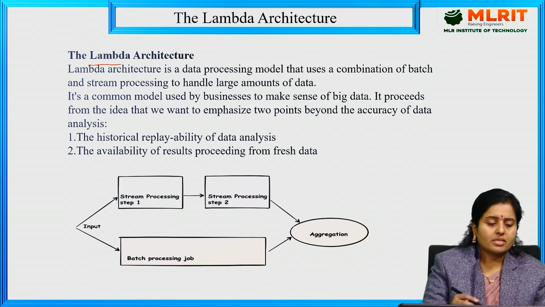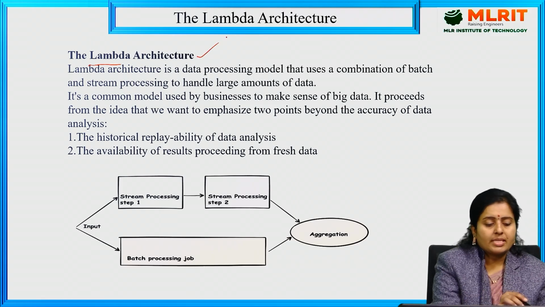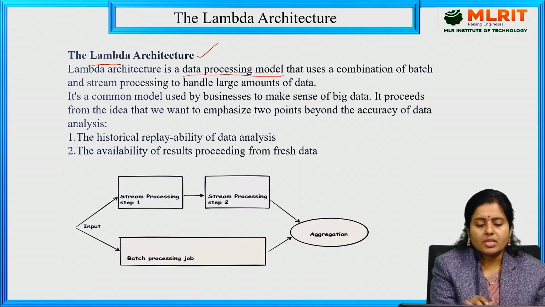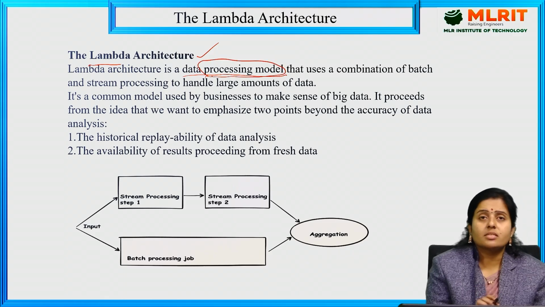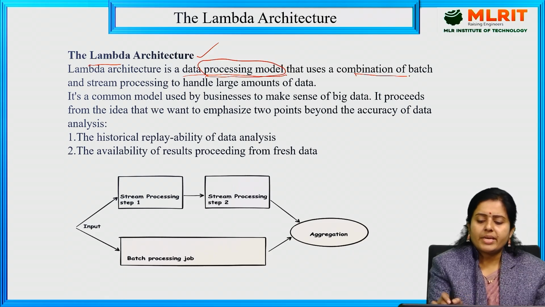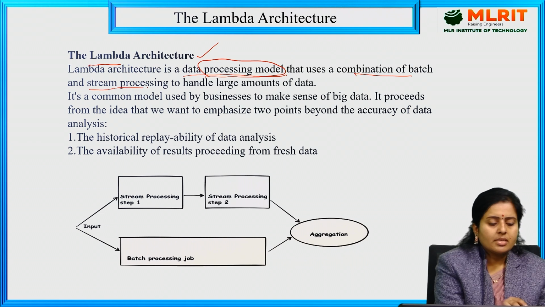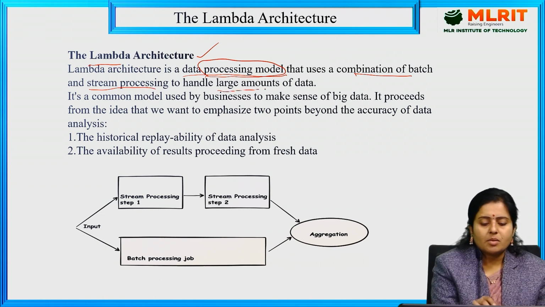So now we'll discuss what lambda architecture is. The lambda architecture is a data processing model. This is the model that uses a combination of batch and stream processing to handle large amounts of data.